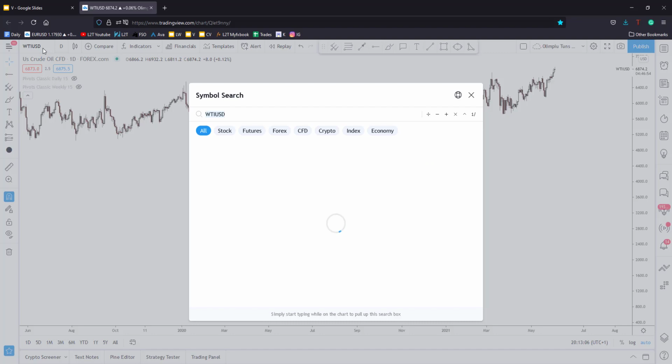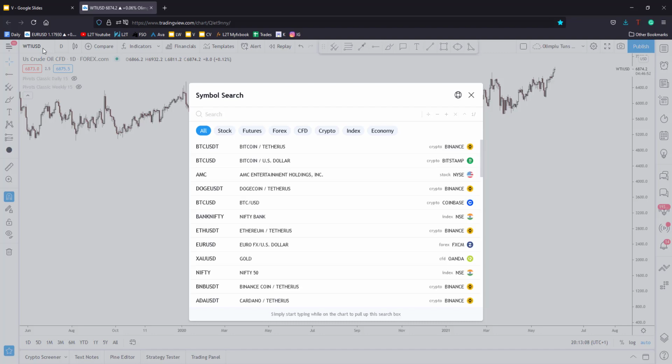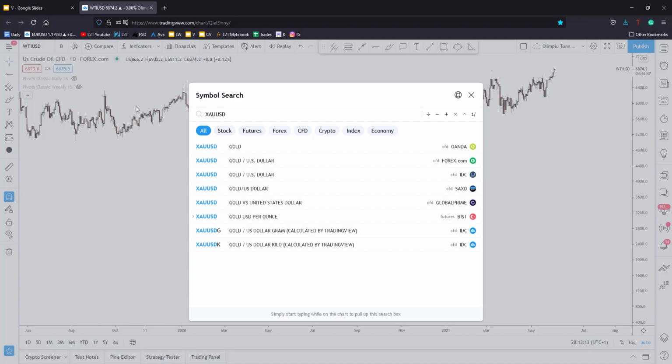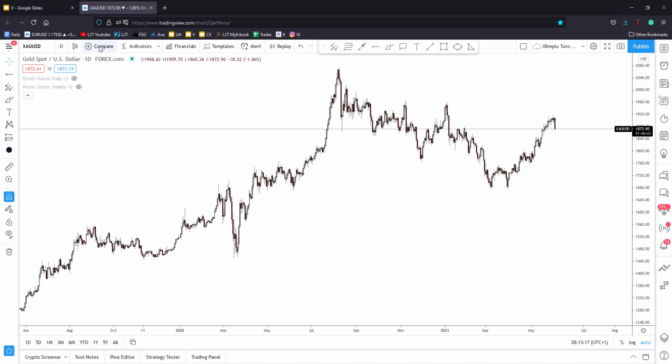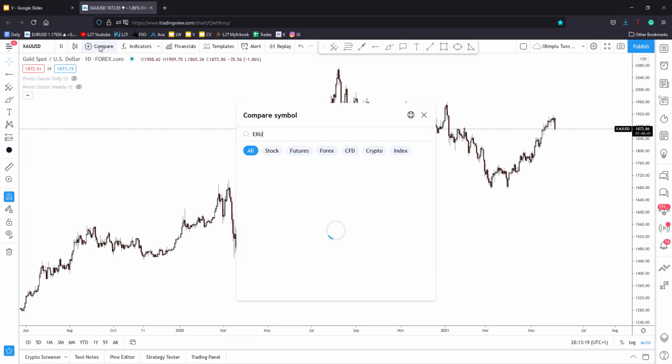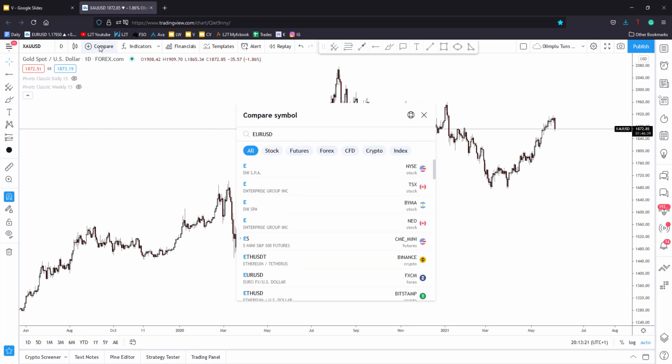Okay, let's move forward and let's take another example. Let's take a look also at gold again, and let's identify maybe a potential correlation here with the euro versus the US dollar.